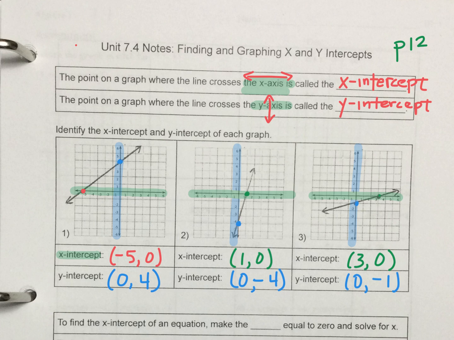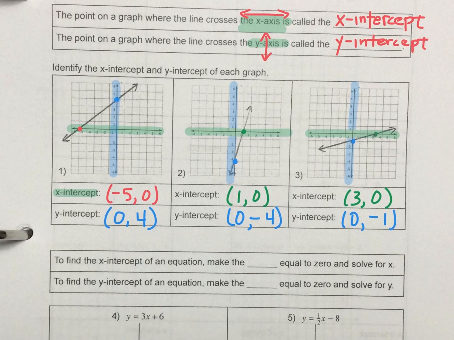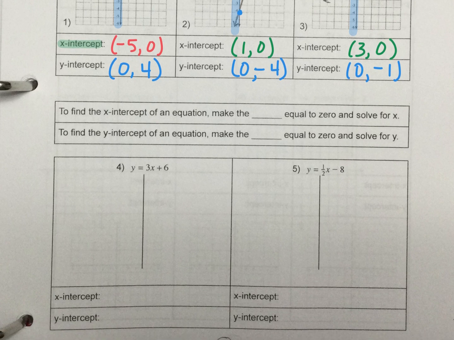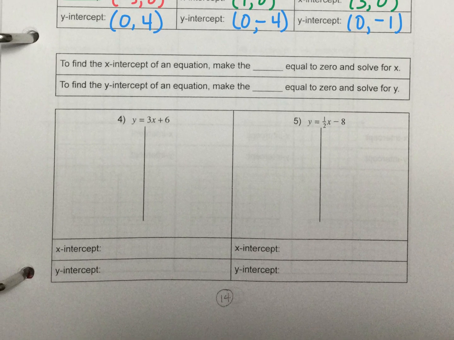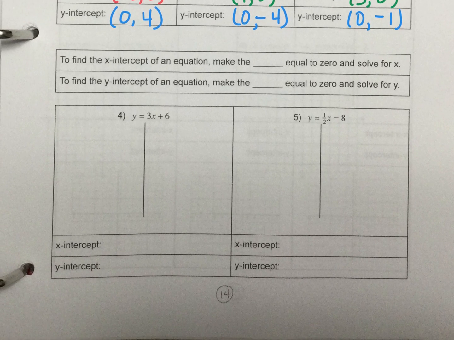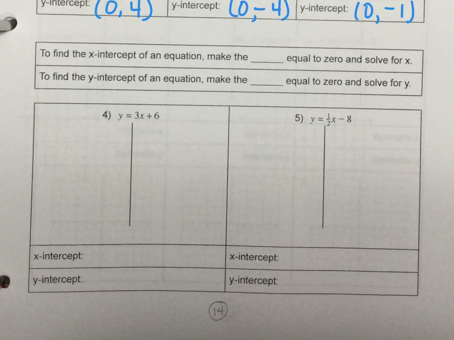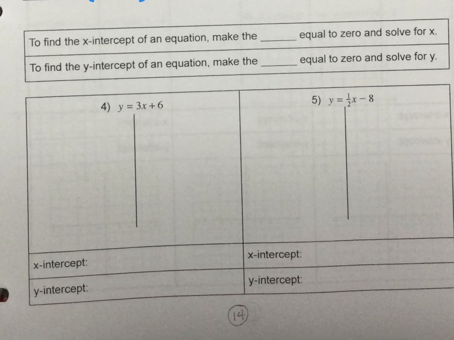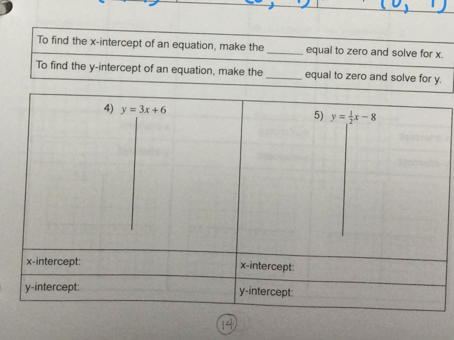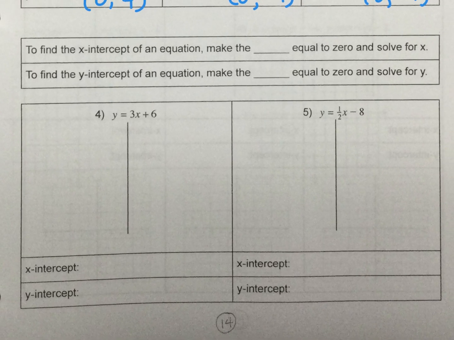Now we're going to find it using the equation. So we actually have to solve 2 problems every time we do this, because to find the x-intercept for the equation, we're going to make the y value equal to 0.